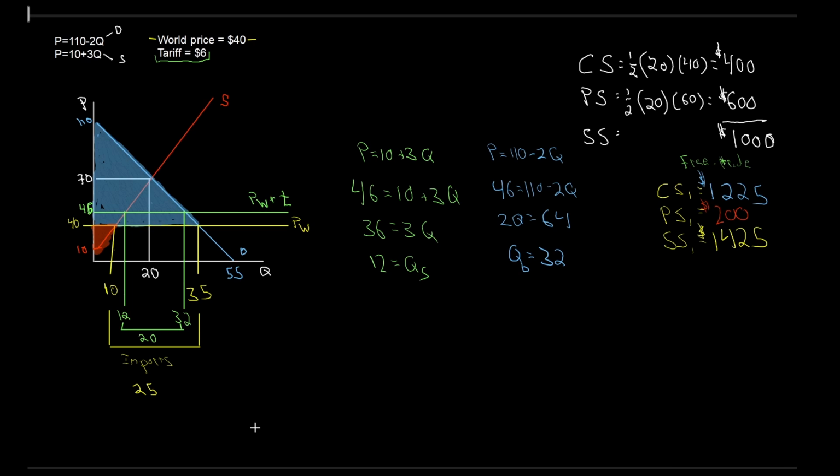Part of this is because we're consuming less. Part of this is because we are producing more domestically, right? We're consuming 3 fewer units. We're producing 2 more units domestically. Okay, so we've had this change. Let's reanalyze and redetermine what our welfare is: consumer surplus, producer surplus, social surplus.